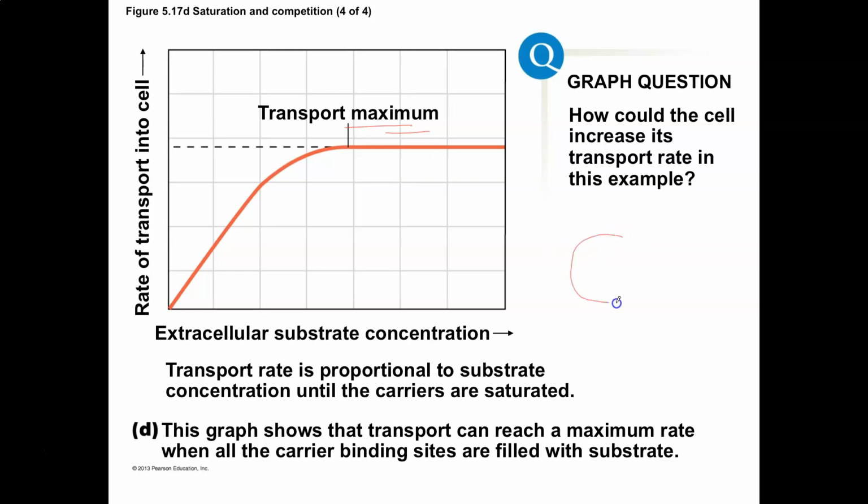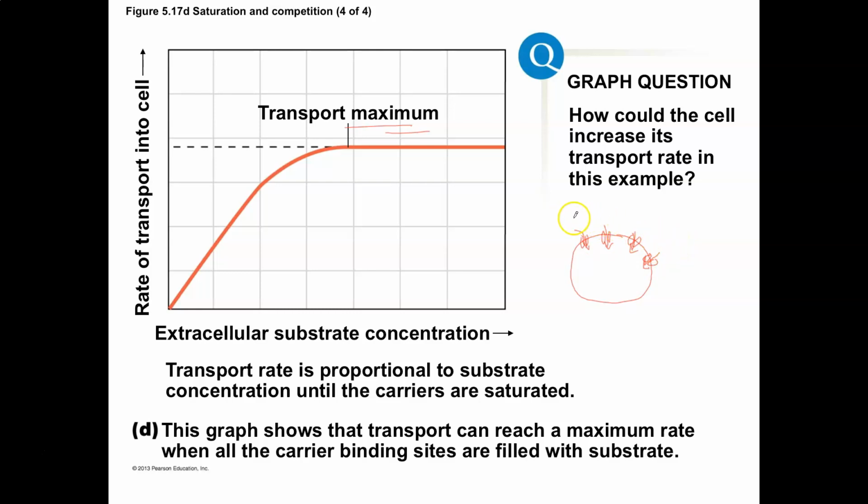So if you have a cell that is limited in number with carrier proteins, just for simple examples here, let's say we only have 4 carrier proteins. When all 4 of those carrier proteins are being utilized and something is being transported across the membrane, we've reached a maximum rate of transport.